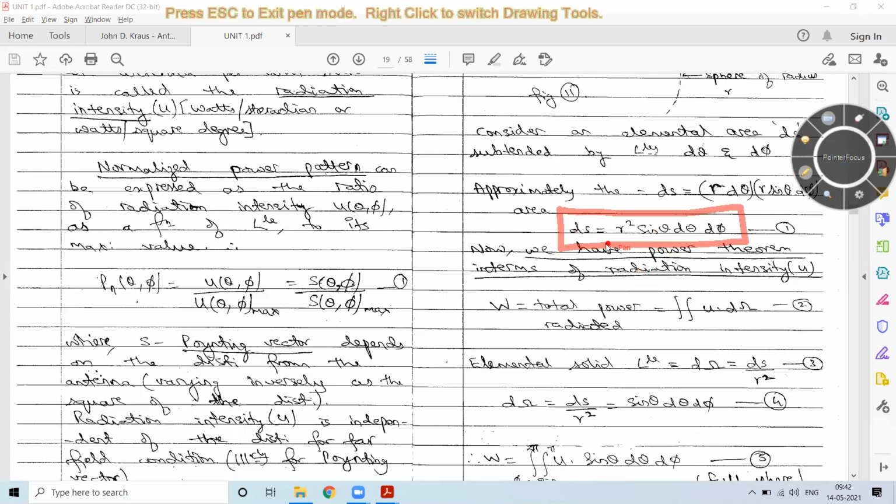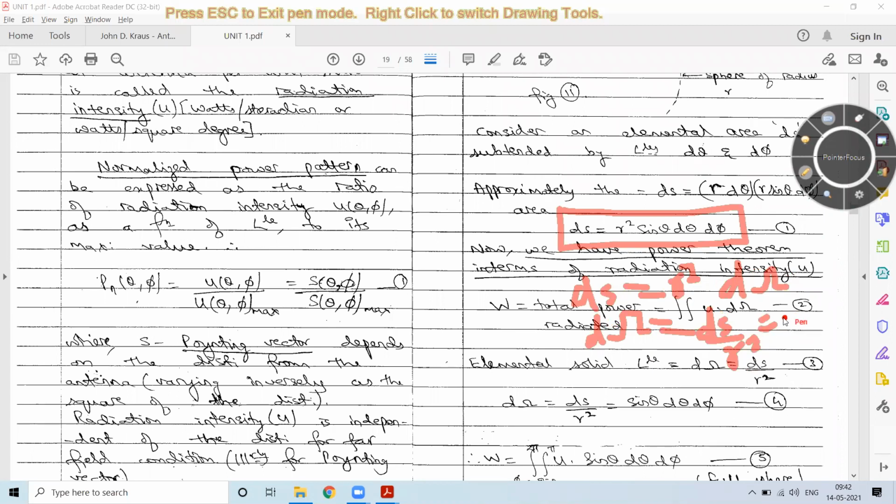So if you just observe, we have ds, which is given by r square d omega. So when we consider only d omega, it is actually given by ds divided by r square.